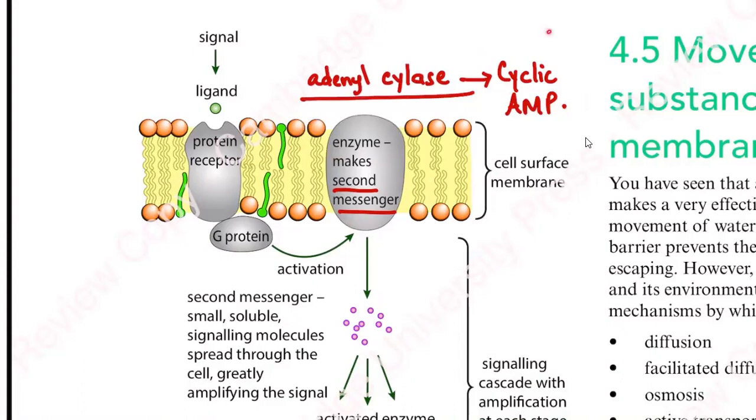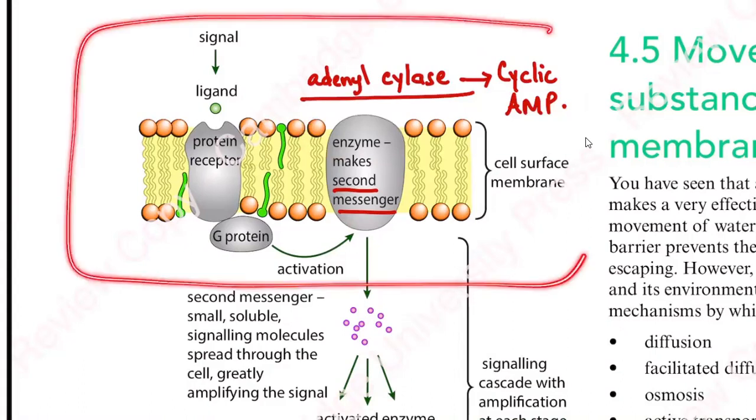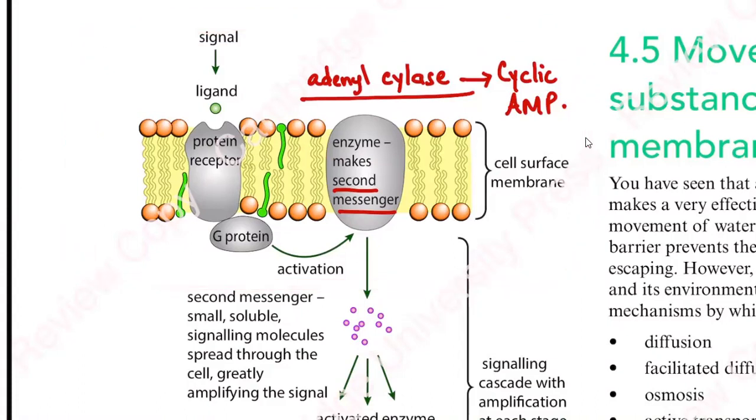Alia, can you repeat what I said right now? Tell me the whole thing, what did I say? The protein receptor is binding to the G protein and it's activating it when it combines with the ligand. No, what happened first?